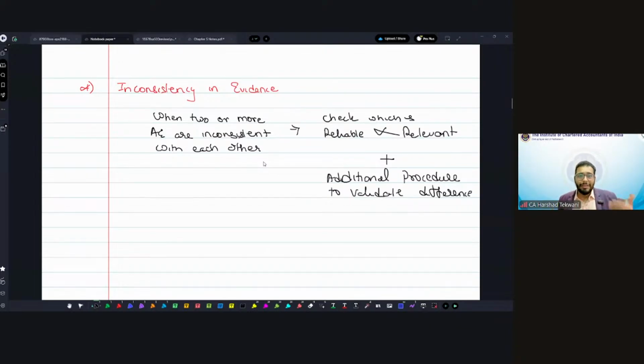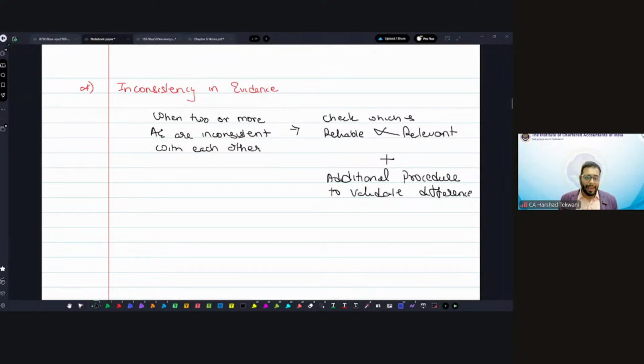Then on that basis, I will do a detailed analysis of why these invoices are not recorded here but are there in the debtor confirmation, or is something not considered in the confirmation. I'll do more testing and analysis, and based on that I will come to a conclusion, whatever it is, either misstatement or something else. So this is how I resolve the inconsistency.